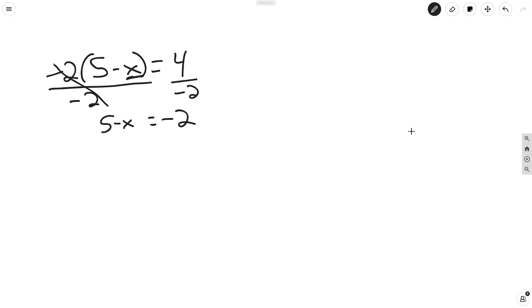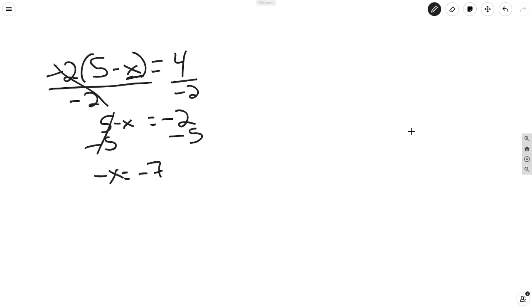So this is a positive 5, so I need to subtract 5 to get rid of it, to do the opposite. So now I have negative x equals negative 7, because negative 2 minus 5 is negative 7.